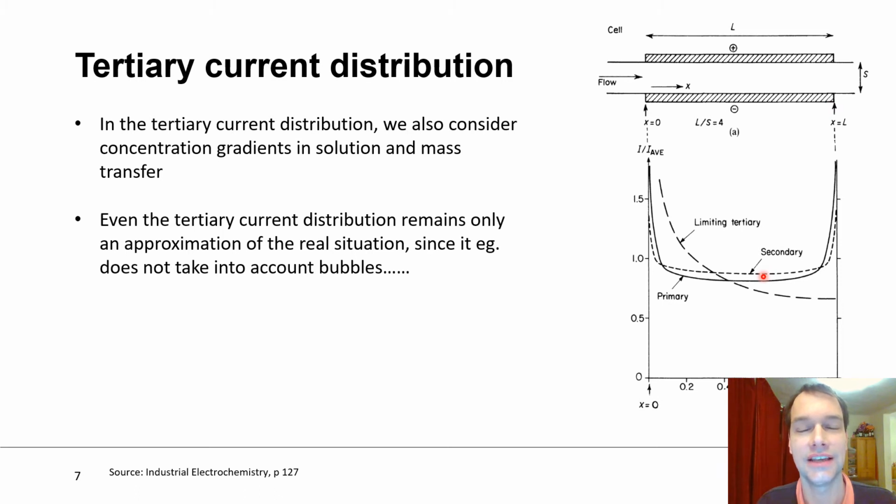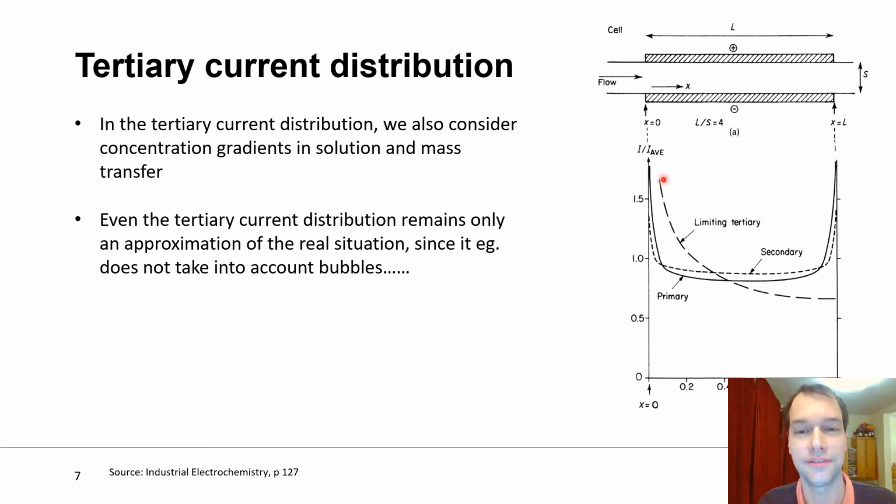Then the secondary current distribution has a certain smoothing effect. But then for the tertiary current distribution, we really see this large difference. And that's related to the fact that the concentration of the reactant is decreasing over the reactor.